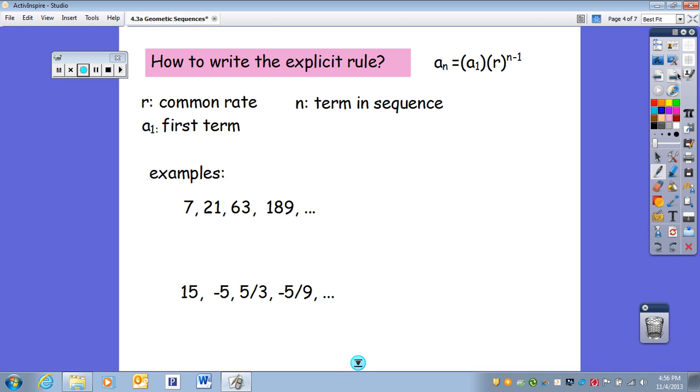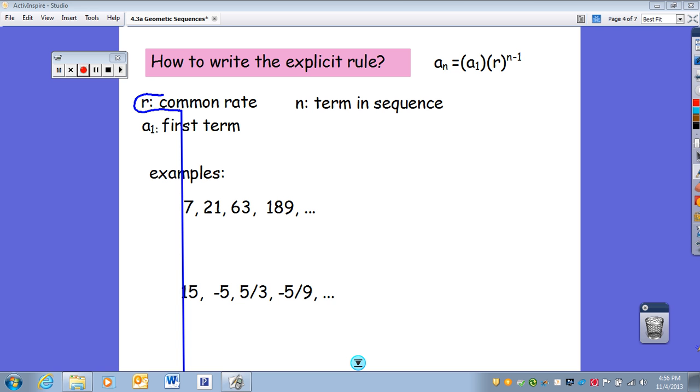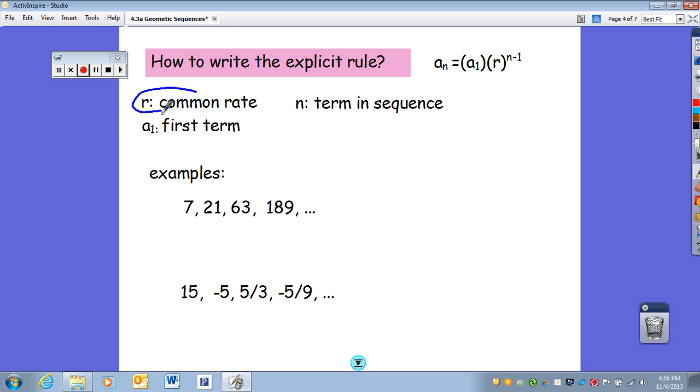How would you write an explicit rule for a geometric sequence? Well, first of all, we want to look for the common rate. What are we multiplying by each time in order to get the next term in our sequence? I also need to know my a sub 1, which is my first term, and I need to know what term in the sequence I'm talking about.